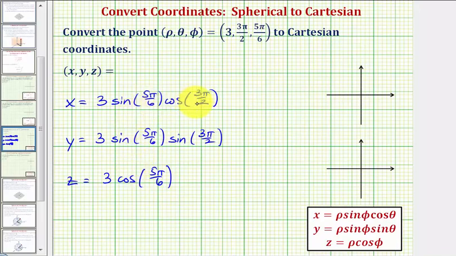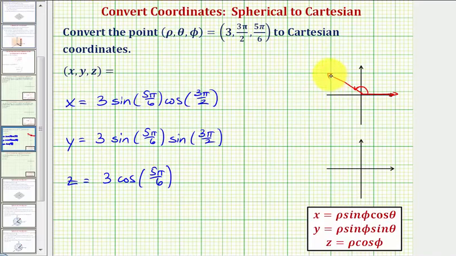Let's go ahead and sketch these two angles in standard position and sketch the reference triangles. So 5π/6, which is also equal to 150 degrees, would have the initial side here, and the terminal side would be approximately here, giving a reference angle of π/6 radians, or 30 degrees.